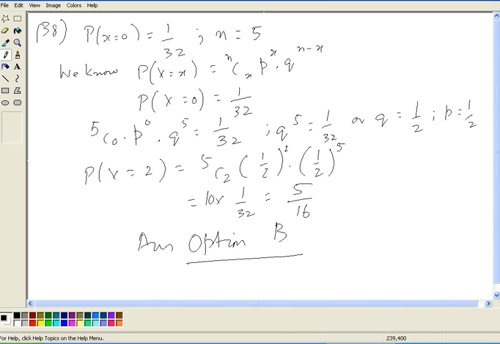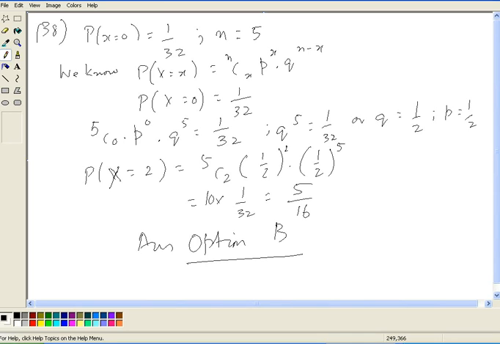Now we need to compute p of x, the random variable x equal to 2, that is 5c2 into half power 2 into half power 5 minus 2.